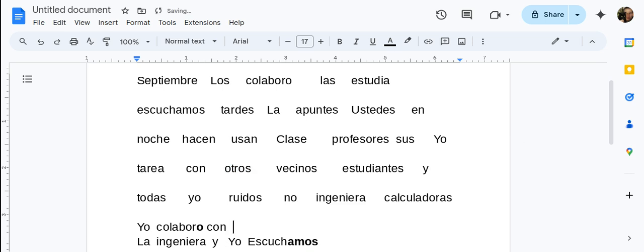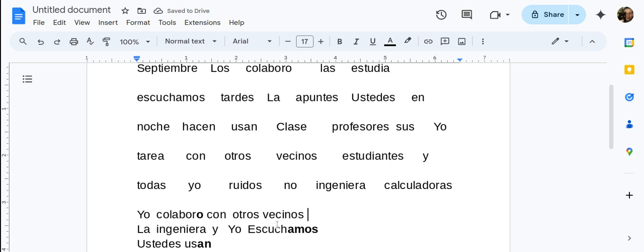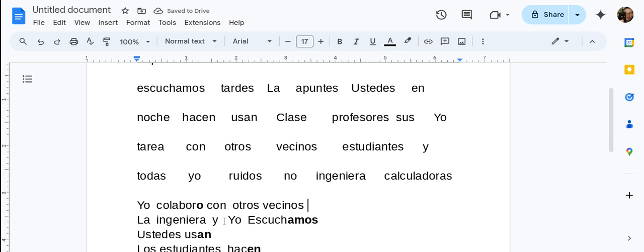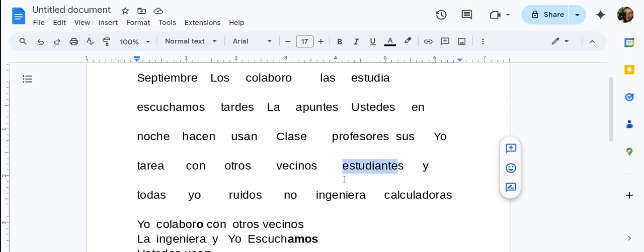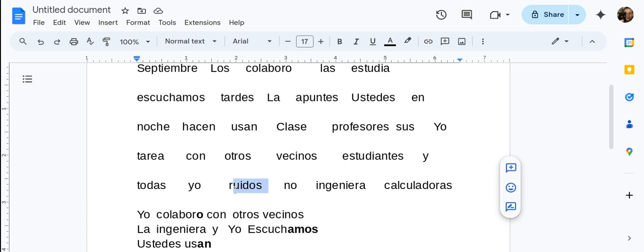I collaborate with other neighbors. That makes sense. I collaborate with other neighbors. The engineer and I listen, or we hear. What do we hear? What do we listen? Do we hear the afternoons? Doesn't make sense. We could hear the students. Could make sense. Or we can hear noises.